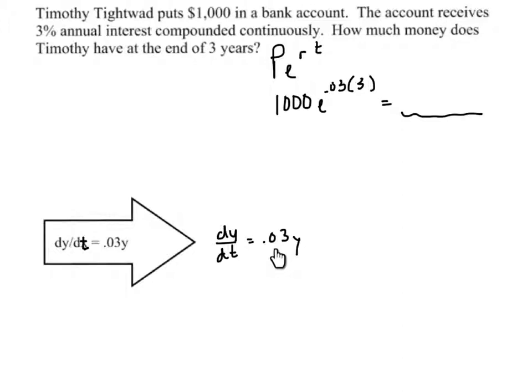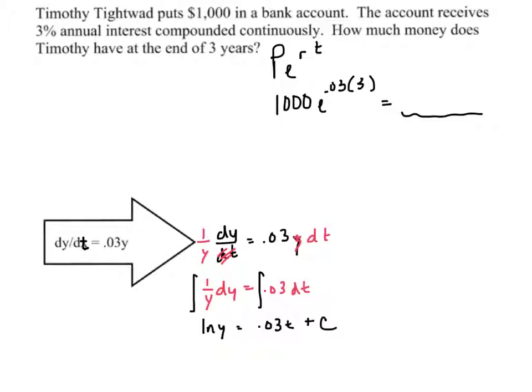Well, I'm going to get a y equals equation out of this differential. So I'm going to start by multiplying both sides by dt and dividing both sides by y. So I've got 1 over y dy equals 0.03 dt. So we separate and integrate. Natural log of y equals 0.03t plus a constant.